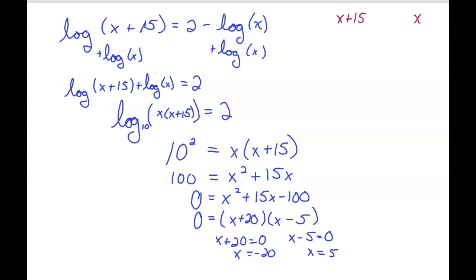Well, putting in a negative 20 for this x doesn't work. Putting in a 5 here works. 5 plus 15 gives me a positive 20. So x equaling 5 is my solution.